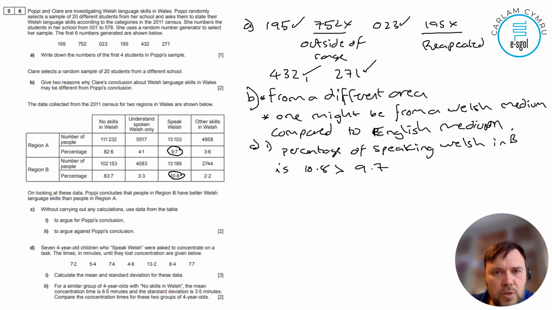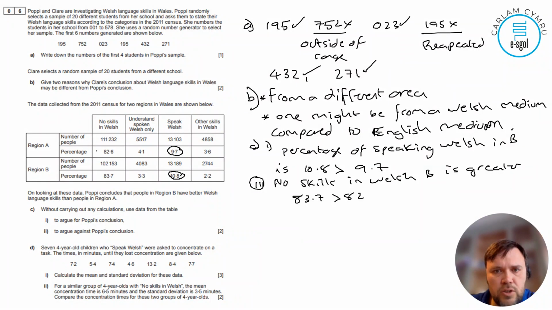And then for part 2, against Poppy's conclusion, you look at the various different values, and if you have a look at this, no skills in Welsh is 83.7. So no skills in Welsh in B is greater, and then just type in 83.7 is greater than 82.6.